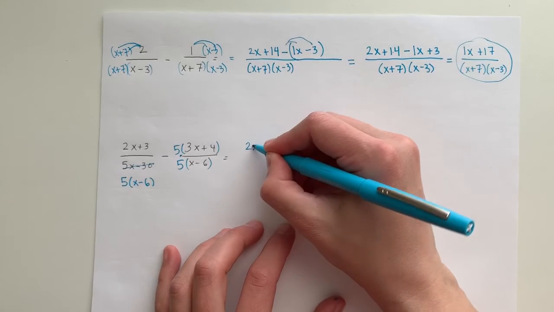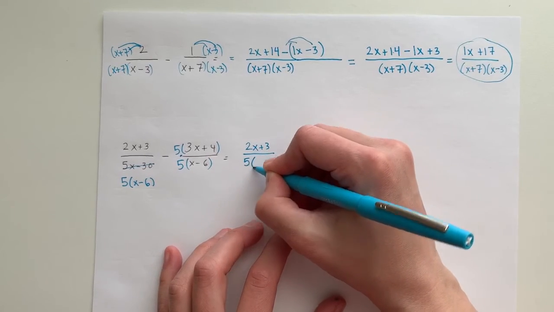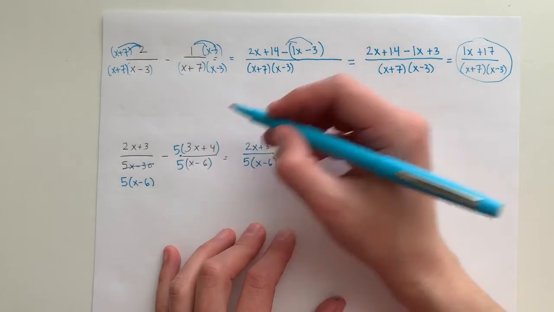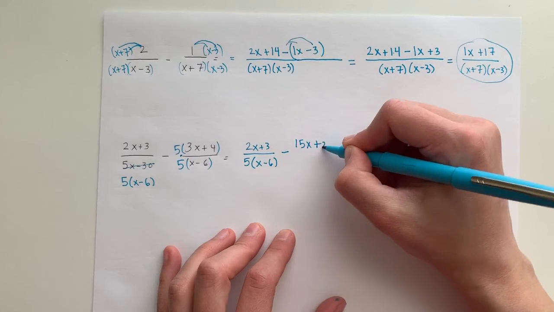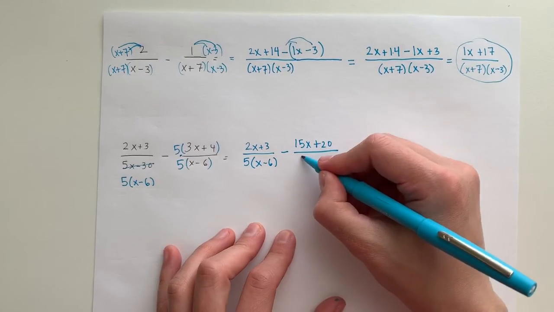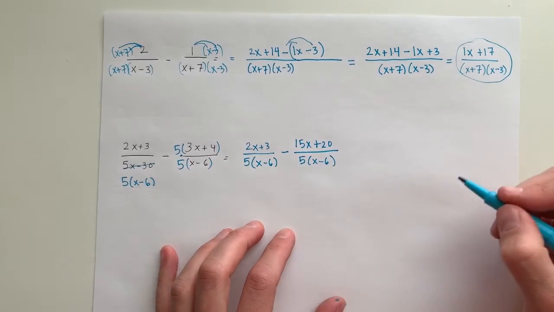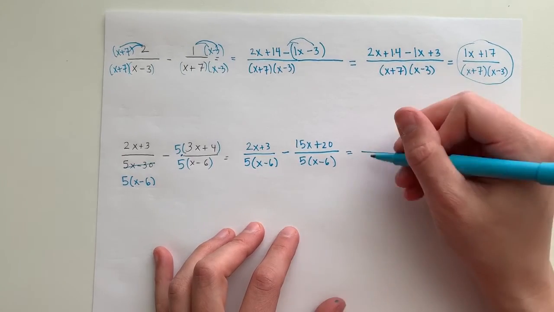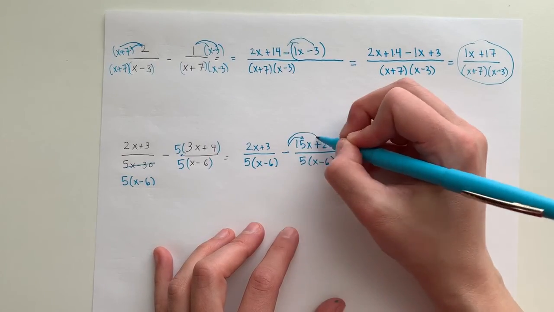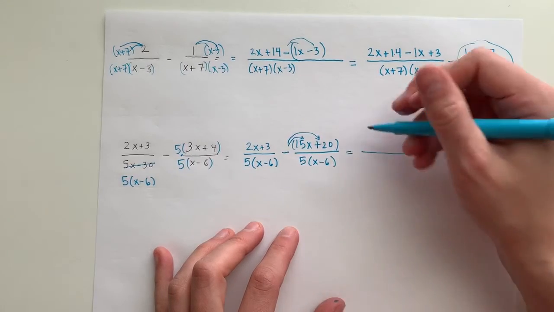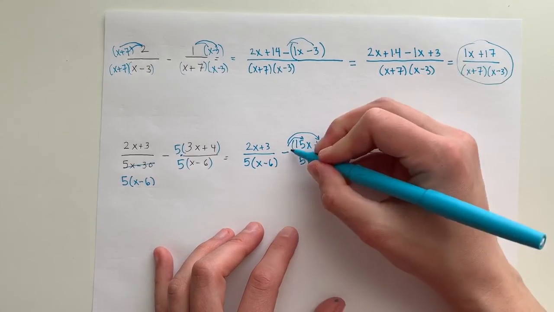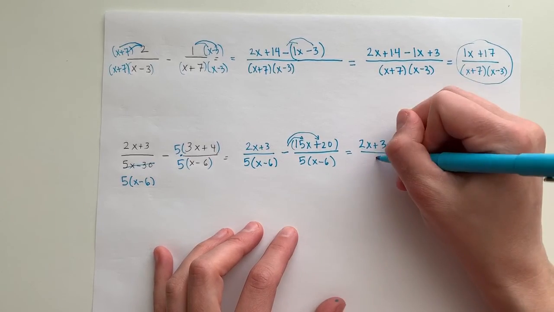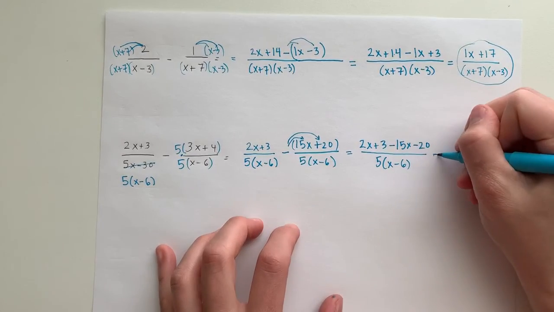So now I've got 2x plus 3 over 5 times x minus 6, take away 15x plus 20 divided by 5 times x minus 6. All right, and so now I have my common denominator, and I'm going to, remember, distribute that negative into this second quantity. So I've got 2x plus 3, take away 15x, take away 20 over 5 times x minus 6.